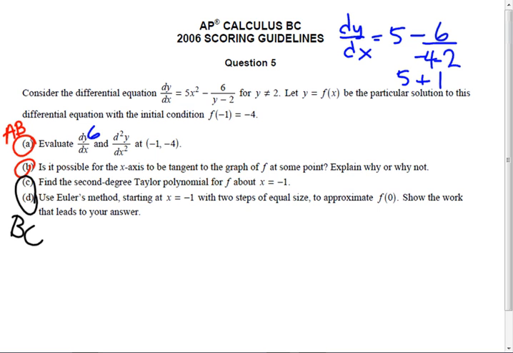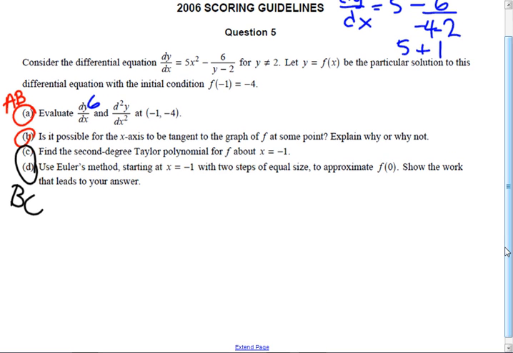Second derivative. It says I'm given dy/dx. dy/dx has a combination of x's and y's. It happens when you do implicit differentiation.